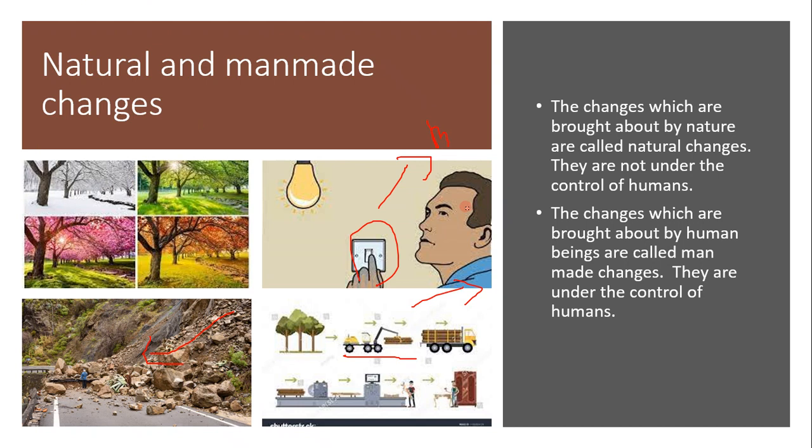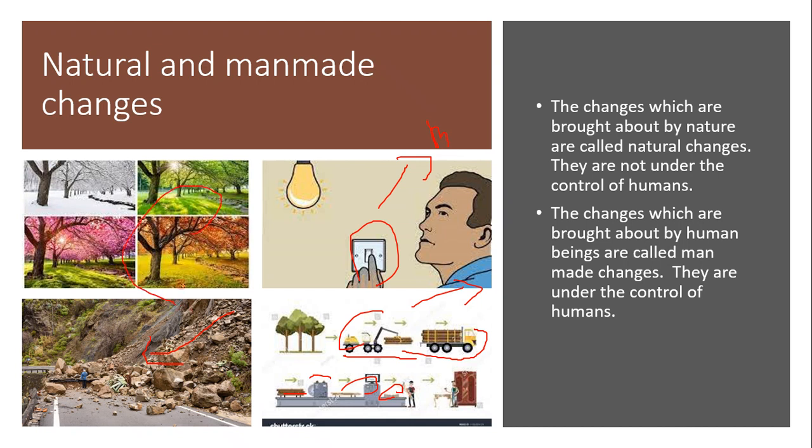But switching on the light, switching off the light, it's in our control. Cutting the wood from the trees, keeping it in a tractor and sending it in a lorry, it's in our control. Making that into machines and making a cart and sending it for sale, it's in our control.